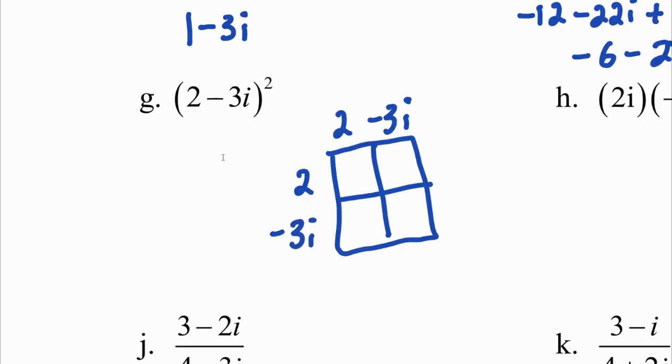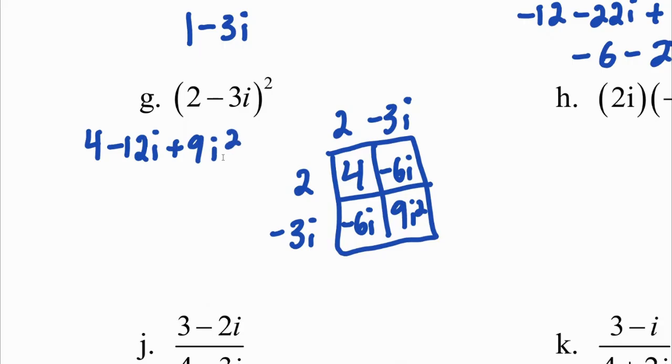So 2 times 2 is 4. And then we're going to get minus 6i. 2 times negative 3i is another minus 6i. And then negative 3i times negative 3i is a positive 9i squared. So we have 4, and then minus 12i plus 9i squared.